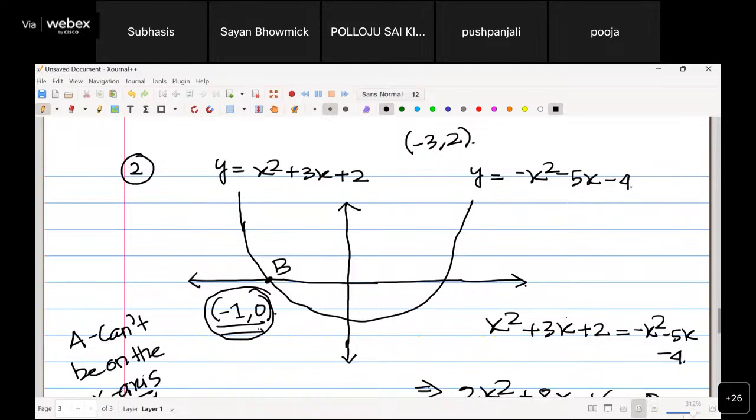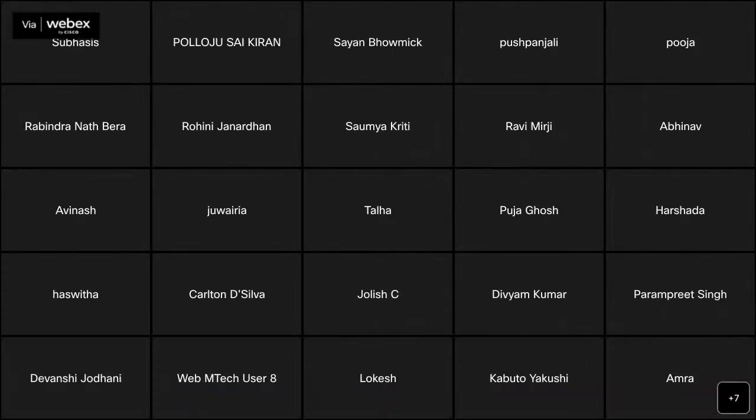I understand that this is the intersection, but it's hard for me to believe how the graph looks. Yes, sir, it is possible if you draw in Desmos. Personally, I did it on Desmos and it was working. Certainly you can solve, that is not a big thing. I just want to know how it's coming.